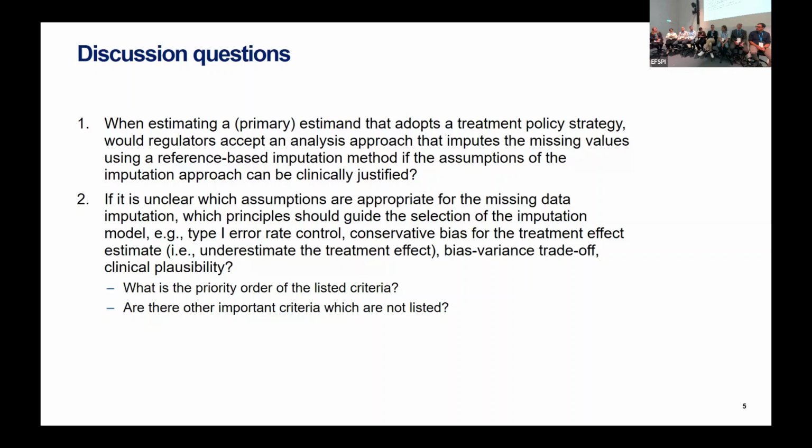And what CHMP will often ask for is, of course, sensitivity analysis. First of all, a justification for why you did it the way you did, and then if you are not really happy about the justification, or if we believe maybe we don't really understand what's actually happening, we would ask for sensitivity analysis. So that is always an option: to list that this is our primary one, and we will do these different types of sensitivity analysis.